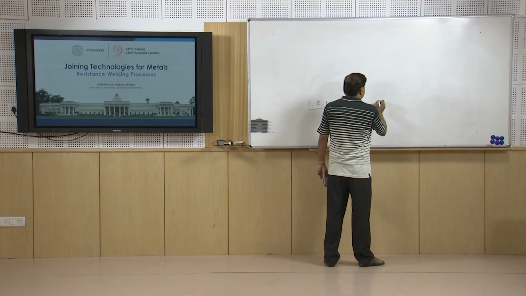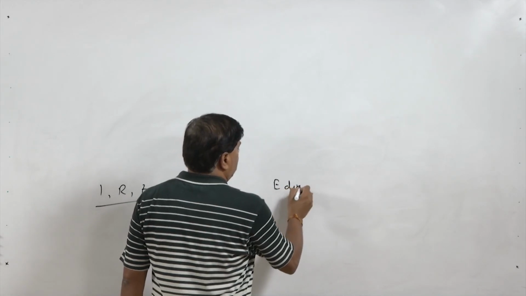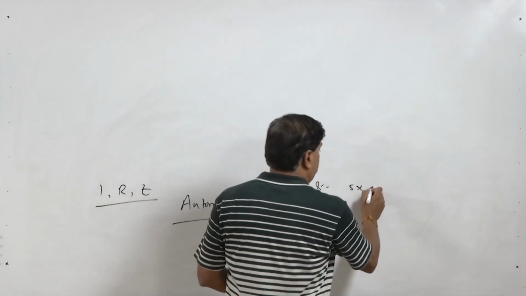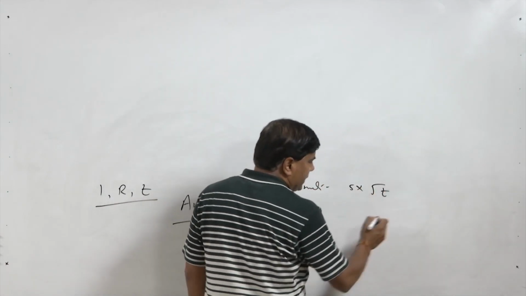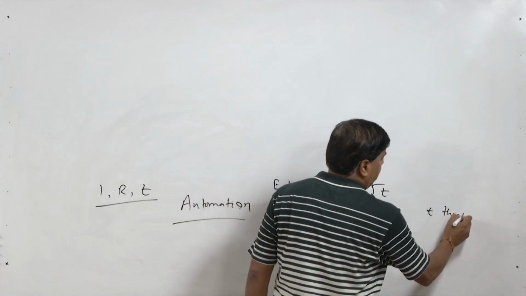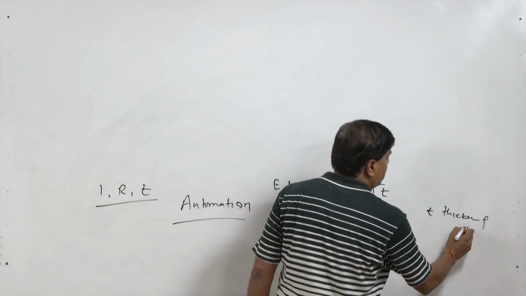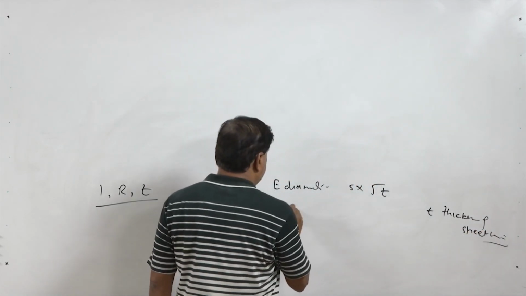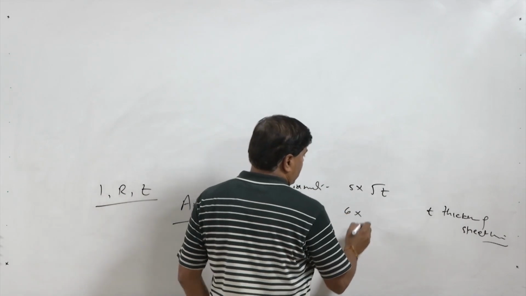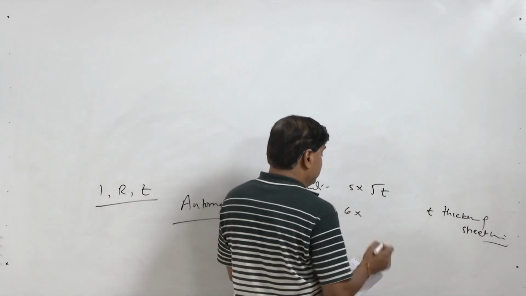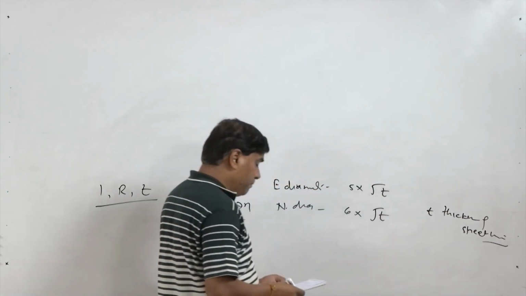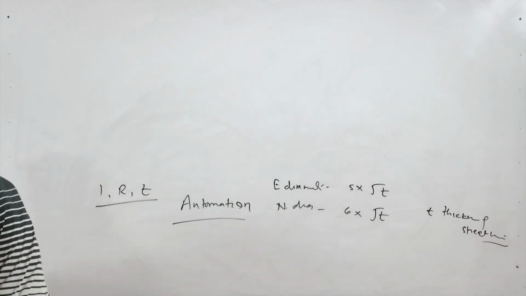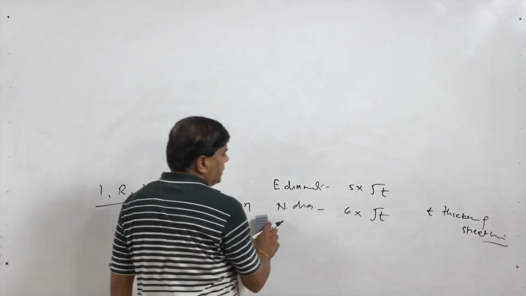The electrode diameter requirement is 5 times the root of the thickness, where T is the thickness of the sheet in mm, and the nugget diameter is 6 times the root of the thickness of the plate. So this is about the requirement side.